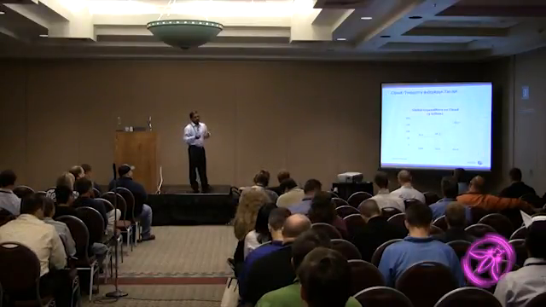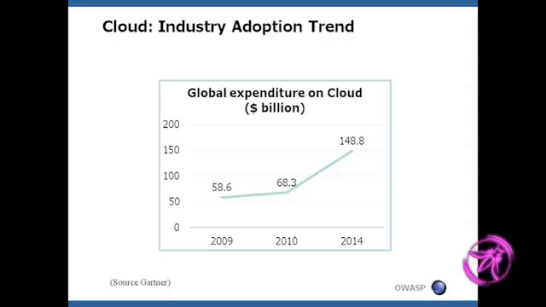So why is it important? According to Gartner, cloud computing is the top strategic technology in 2010. I think it's still in 2011 and beyond. As per their projections last year, they said that global expenditure on adoption of cloud-based solutions and services may top $150 billion.